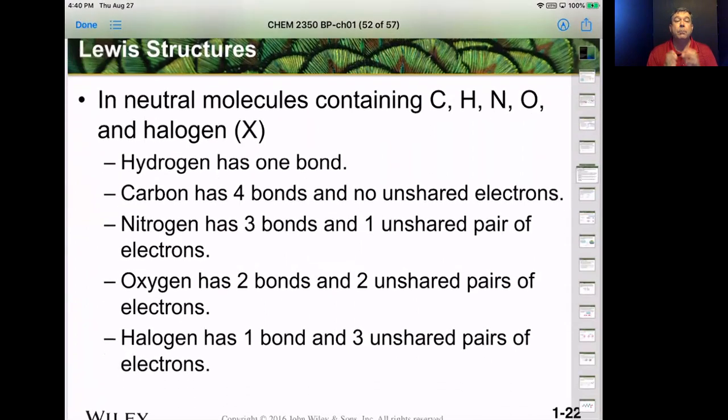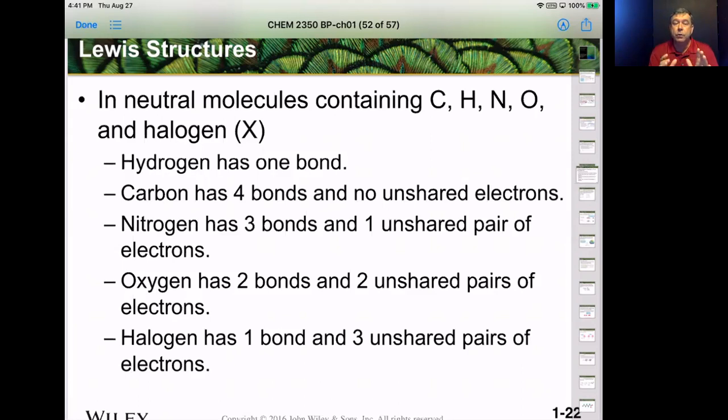Okay. So most of the time we're going to have neutral molecules, or we're going to have a charged species. If we have a charged species, we typically want to put a negative charge on the more electronegative atoms like nitrogen or oxygen. And if we have a positive charge, we put that on the more electropositive or less electronegative atom like carbon.